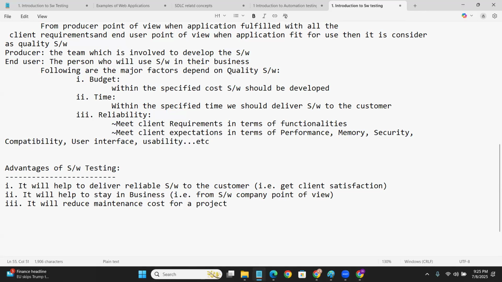Once we deliver the software to the customer, while using it, if the client gets any problems with our software, to rectify them he has to spend some amount, the repair cost, which I am calling maintenance cost. If we give the right software, our customer will definitely face fewer problems, so it will reduce the maintenance cost for the project.